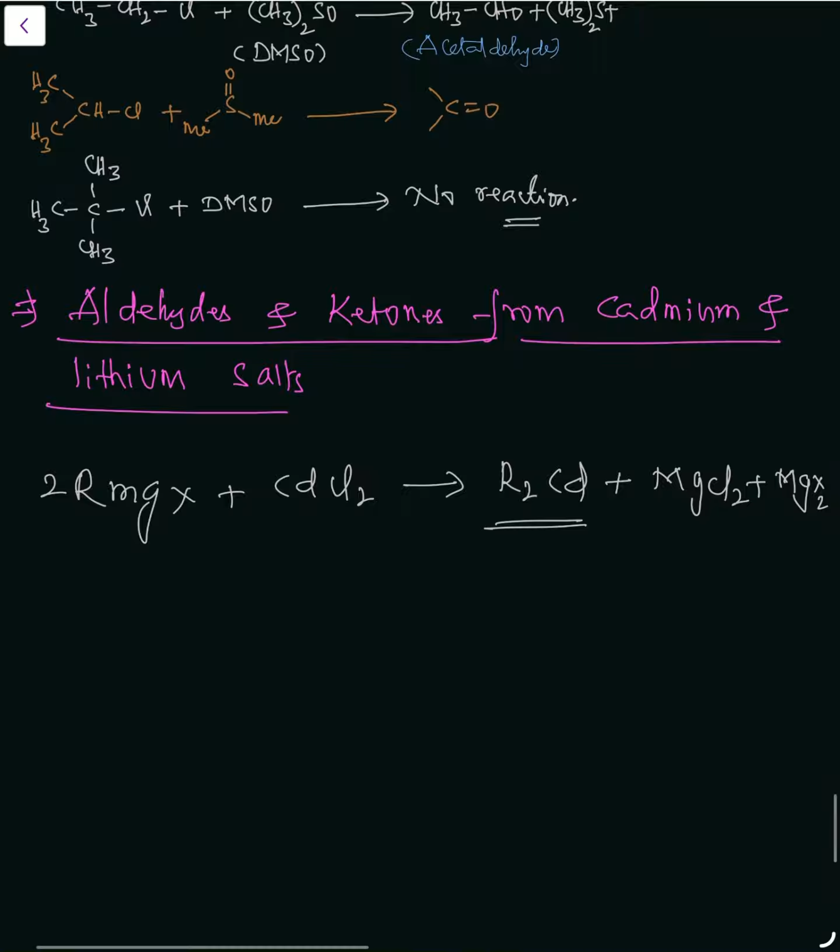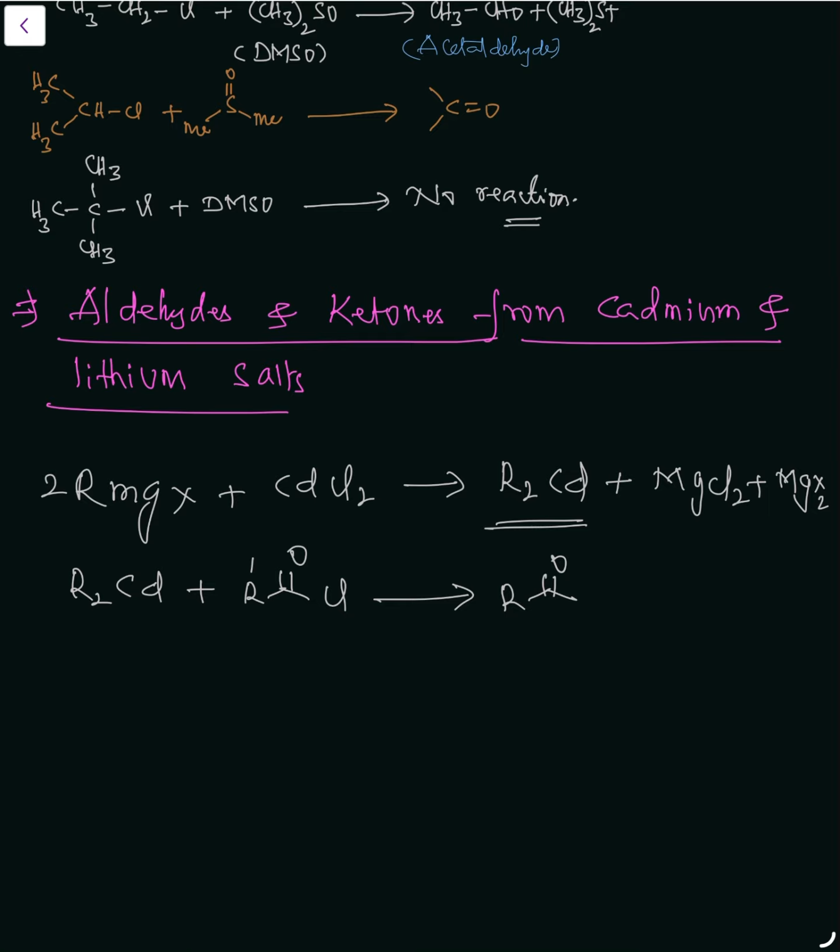So whatever dialkyl cadmium is formed here, this R2Cd reacts with acid chloride RCOCl, gives a ketone.